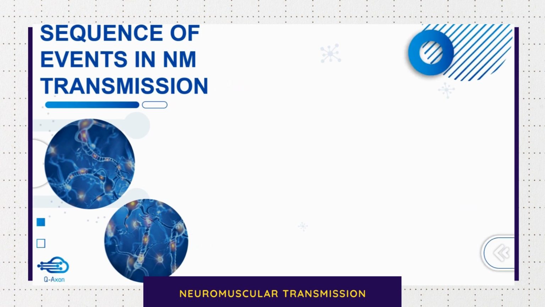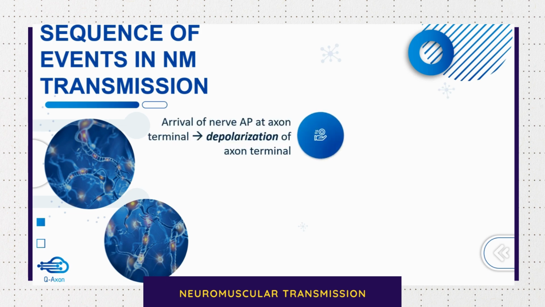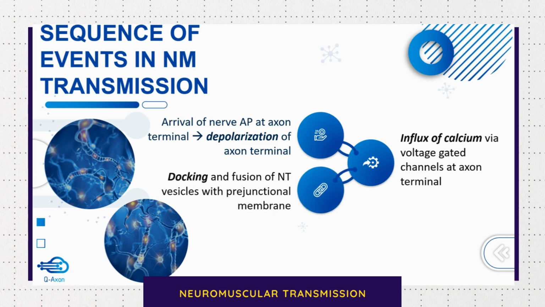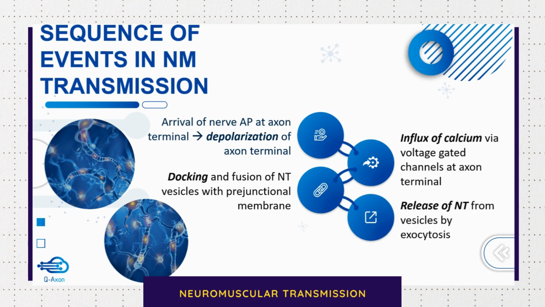So to repeat the steps involved in neuromuscular transmission, the first step is the arrival of the action potential at the axon terminal leading to depolarization. So this causes opening of voltage-gated calcium channels here, and there is influx of calcium ions. What do these calcium ions do? They cause docking and fusion of the neurotransmitter vesicles with the cell membrane. Then there is exocytosis leading to release of the acetylcholine into the synaptic cleft.